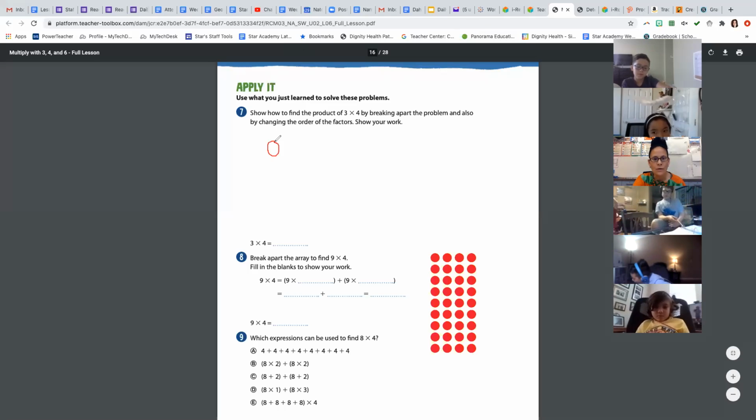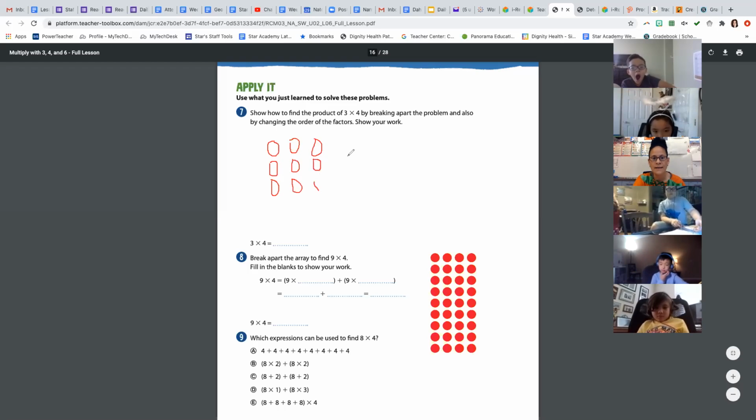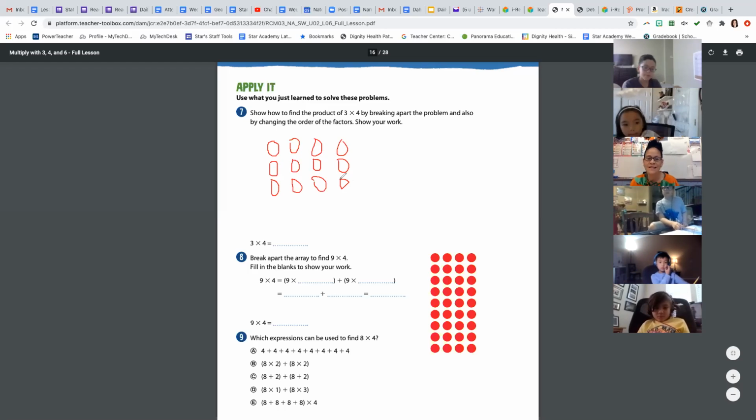So if I take 3 rows, and then of course there are going to be 4 in each row. I'm sorry, this annotation tool is a little bit slow, but it's much clearer than the iPad right now. All right, messy as it may be, this is what an array of 3 by 4 would look like.